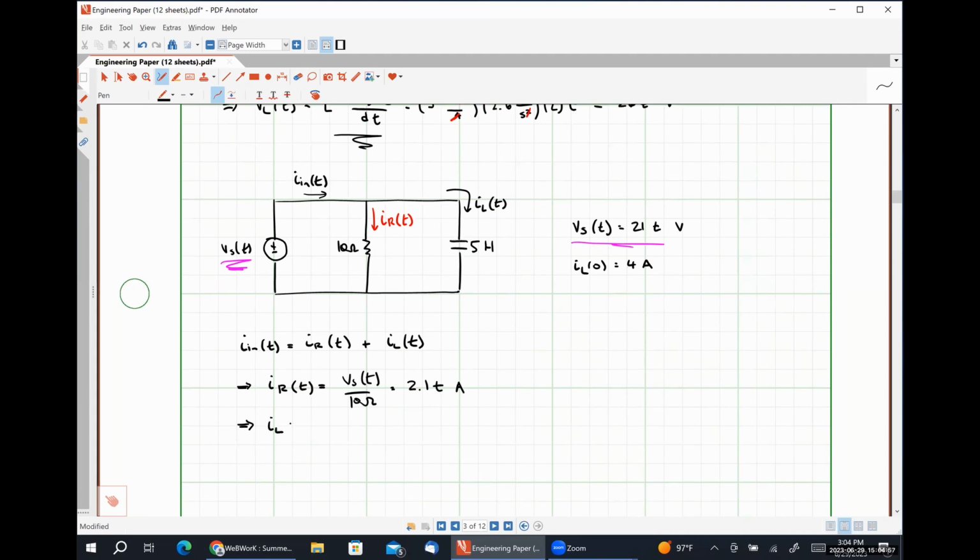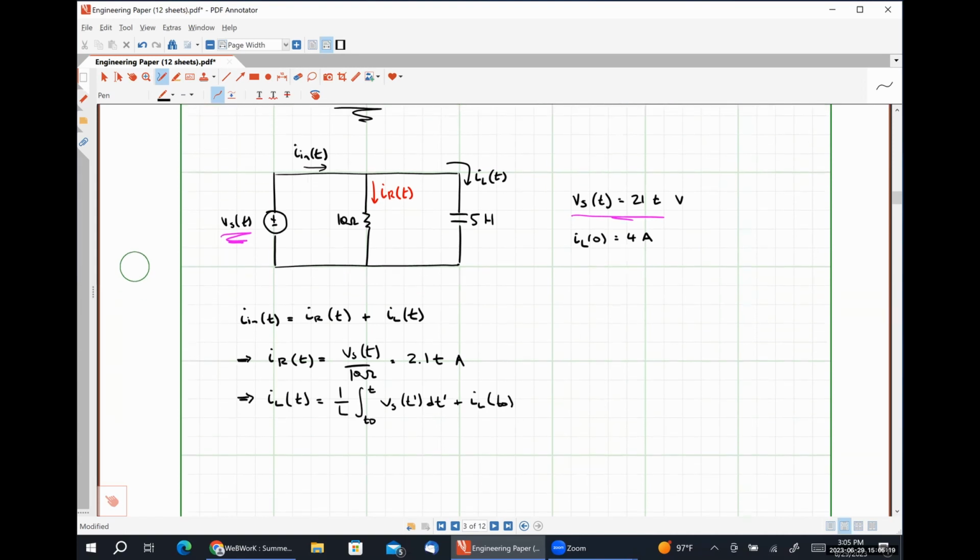For our inductor current, that's where we have that 1 over L times the integral from t naught to t of, in this case, Vs of t prime dt prime plus I_L at t naught relationship that we came up with today. So that's going to look like 1 over 5 henries. So let's see. It's going to be 1 amp over 5 volt seconds.